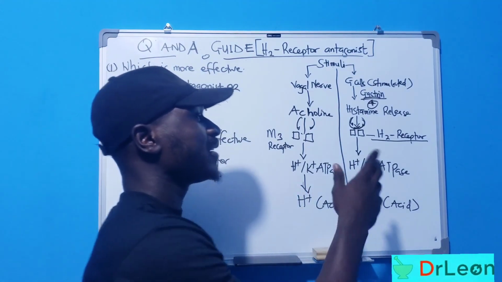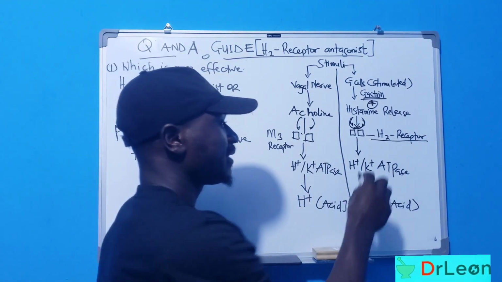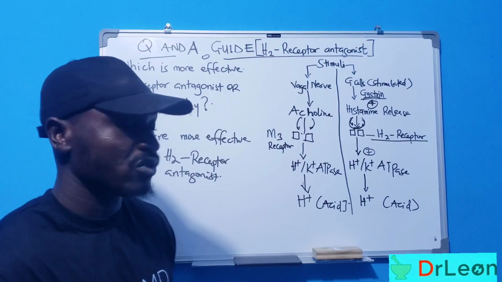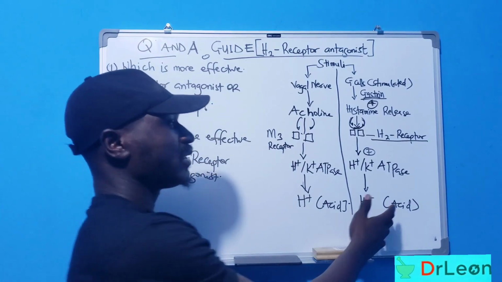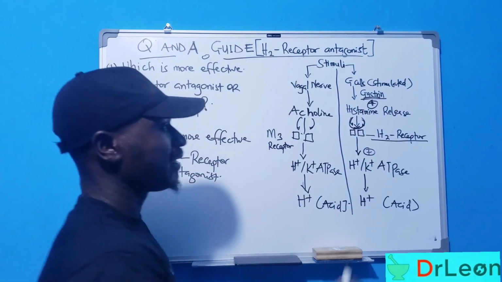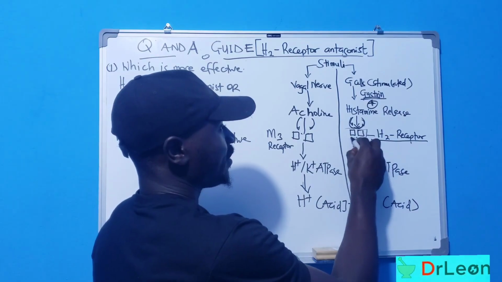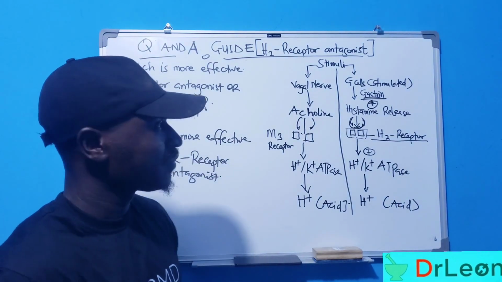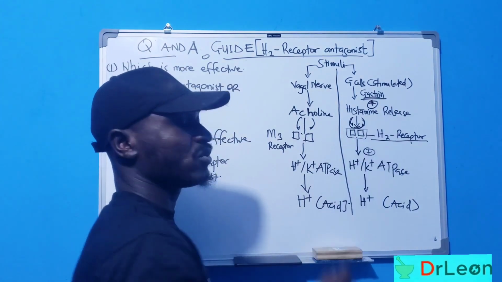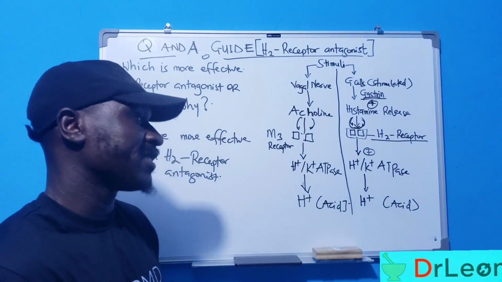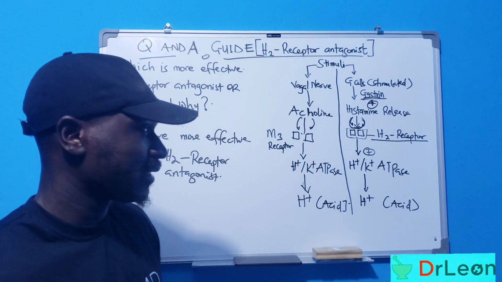And when the histamine binds to the receptor, it also stimulates the proton pump, which is the hydrogen potassium ATPase, producing the acid. So our H2 receptor antagonists will act here. They will come and block this receptor. They will sit on the receptor so that histamine cannot bind to it, so that the proton pump can't be stimulated and acid wouldn't be produced.